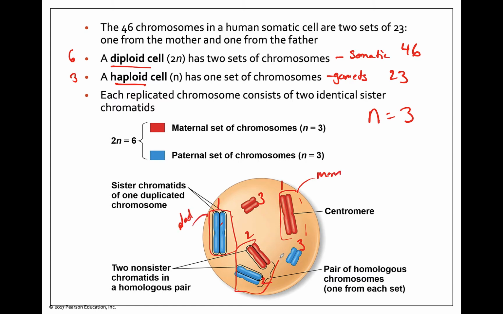It has 2 copies here of chromosome 2, and then 2 copies here of chromosome 3. And you can tell that these have been duplicated in preparation for dividing. So this cell here is diploid because it has 2 sets of chromosomes. It's got one set of 1, 2, 3, and another set of 1, 2, 3. So 2N equals 6.